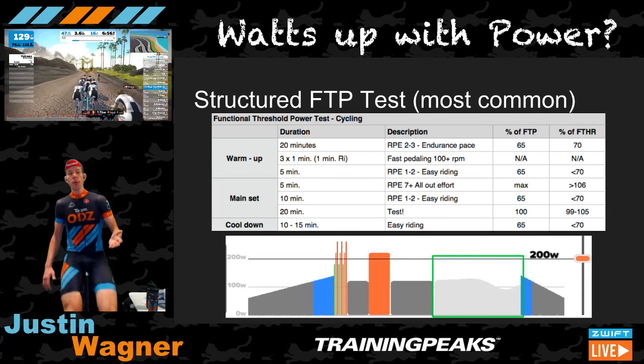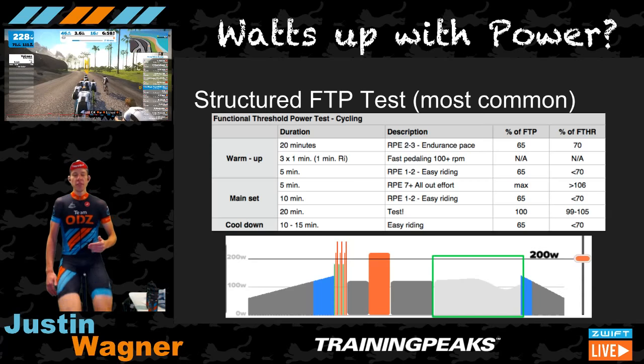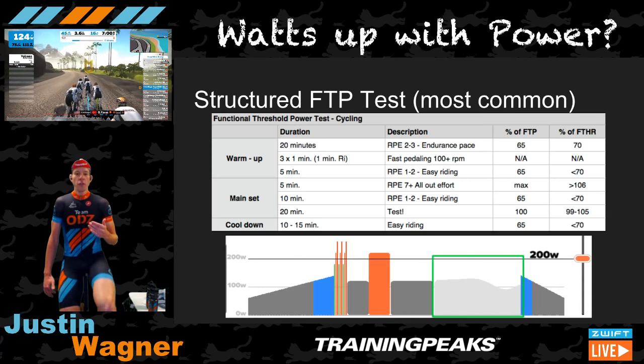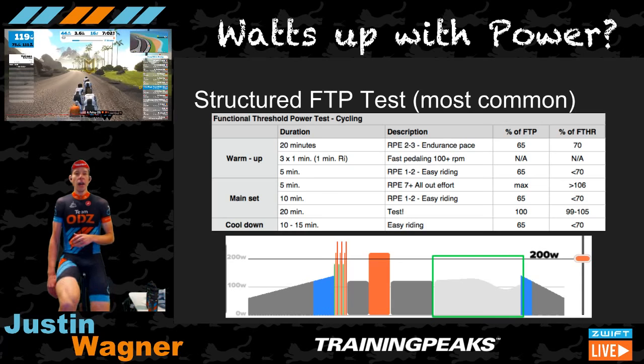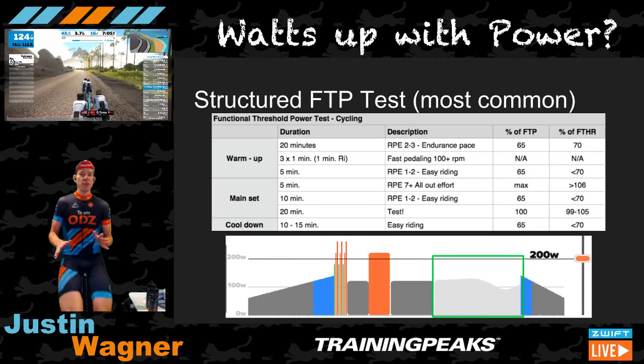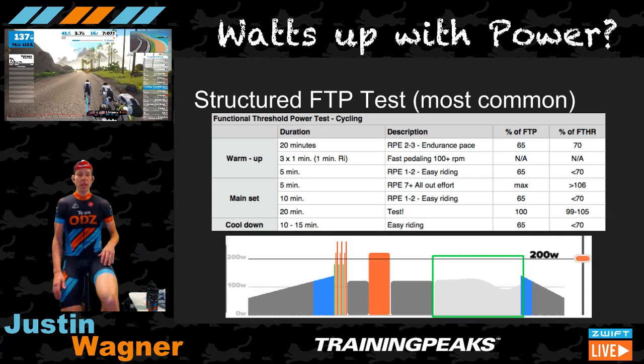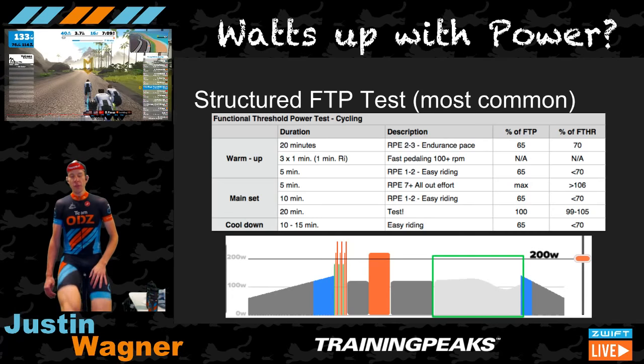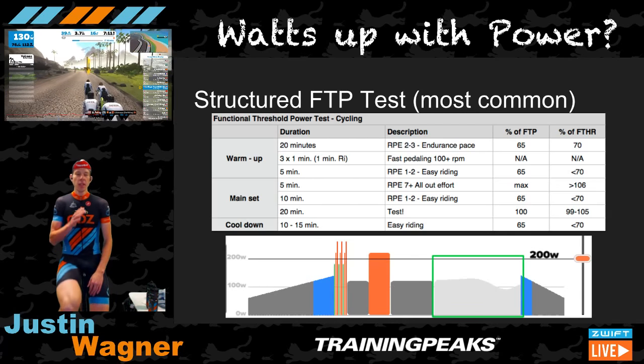And for all intents and purposes, it's a great number to use for training, okay? Not everyone fits that 95% bill perfectly, but for getting started, it's absolutely the way to go.